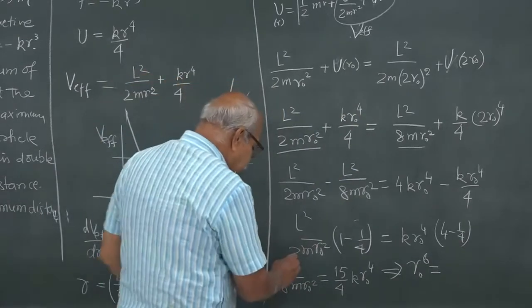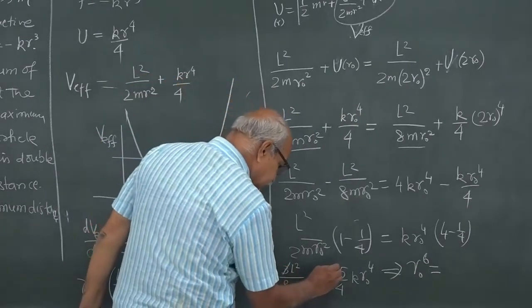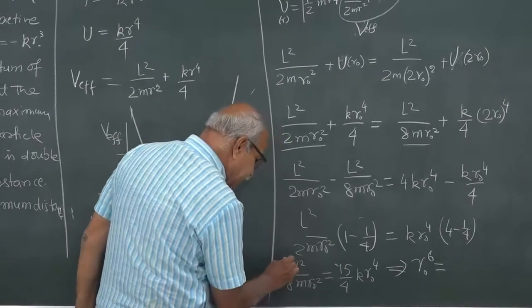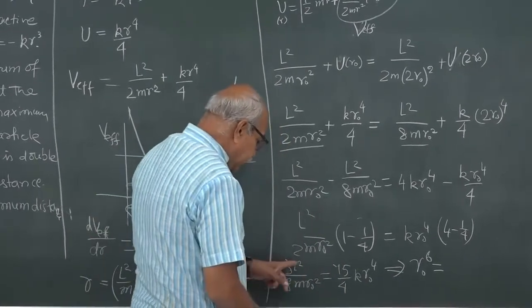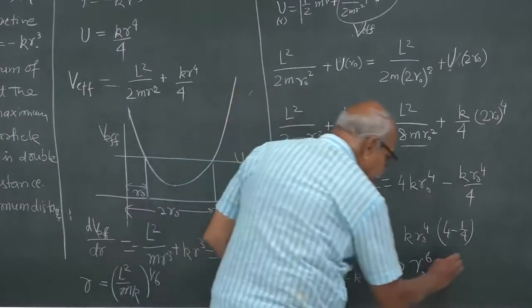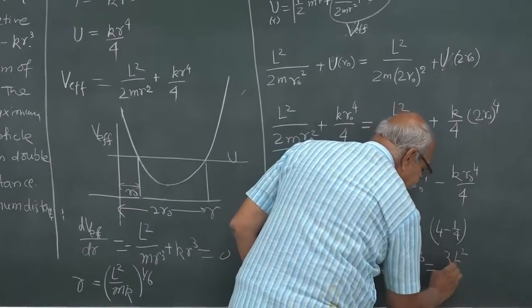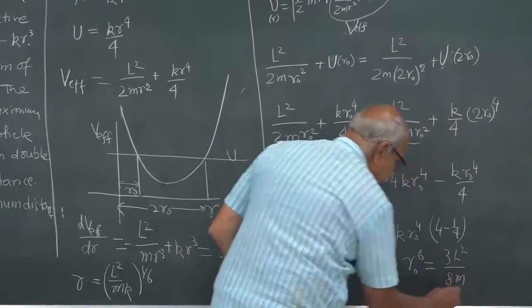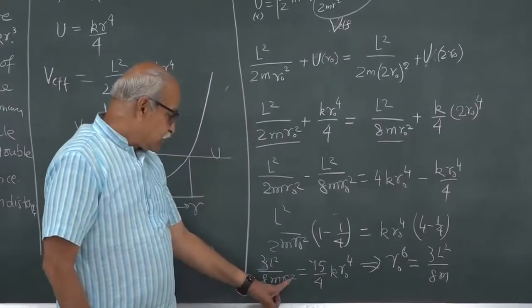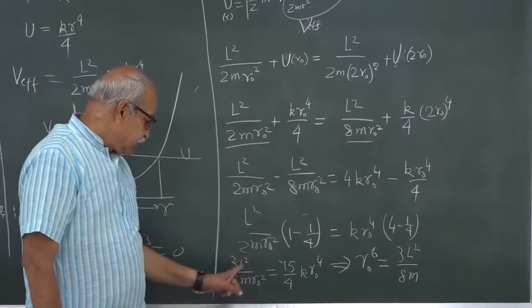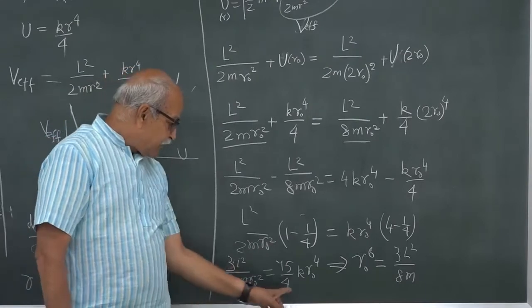Let me write. So, 3 L square by 8 m. From this side I had taken this r naught square there. So, it is 3 L square by 8 m, and from that side I have to bring this thing.